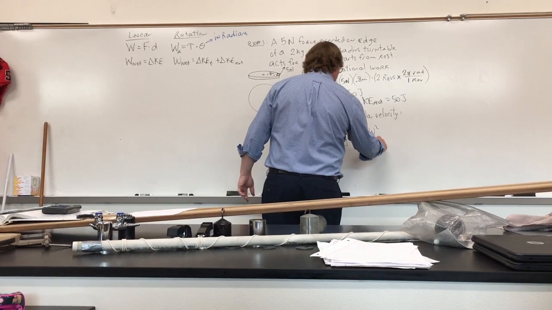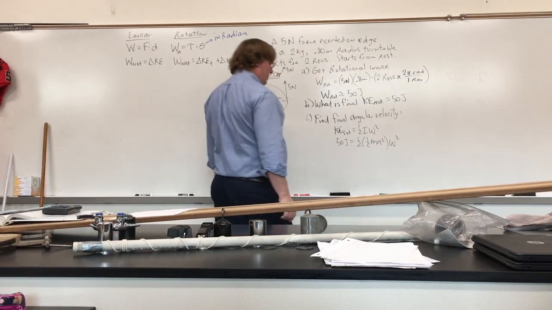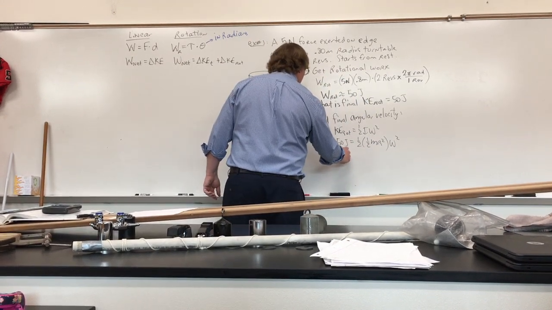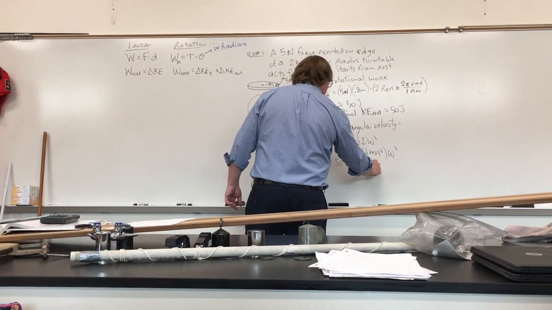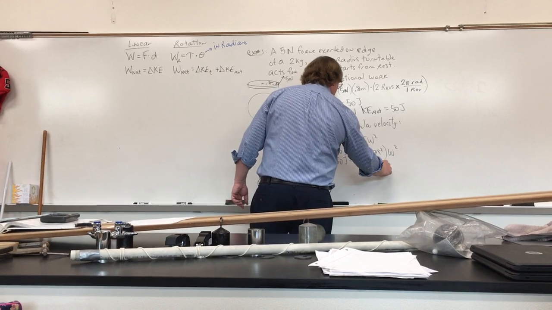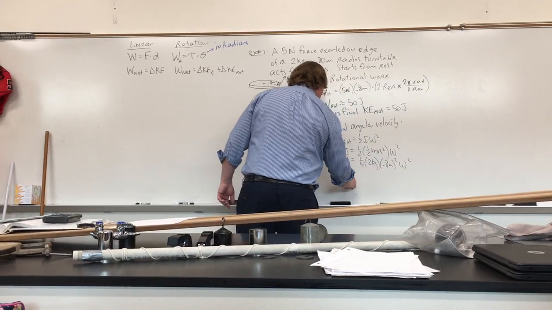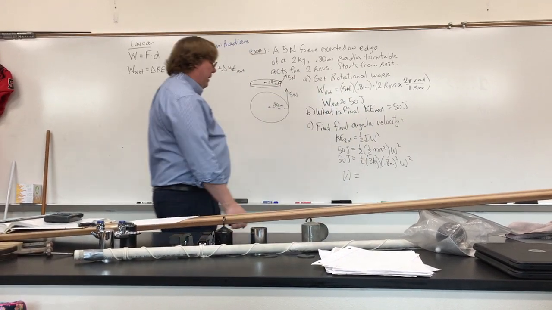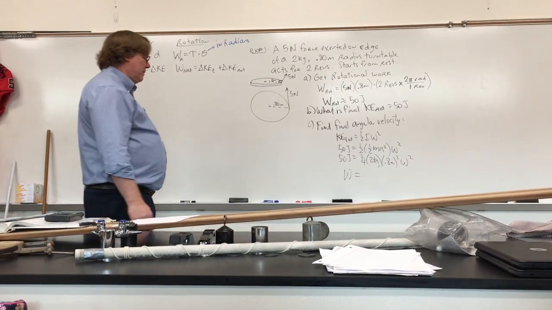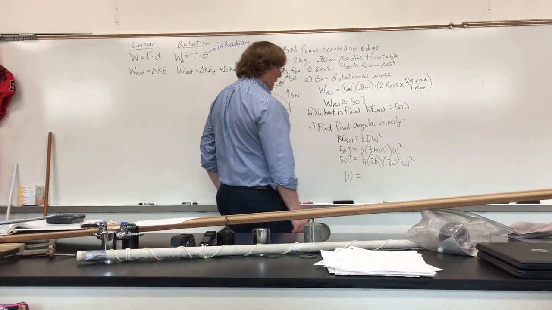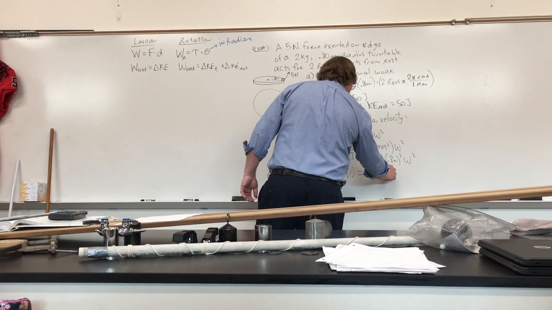So we got 1/2 mr squared times omega squared. So I got 50 joules equals 1/4 times 2 kilograms, that's what the turntable is, times 0.8 meters squared times omega squared. And so I get a final omega of 12.5, if I remember correctly from the last period. 12.5 radians per second.